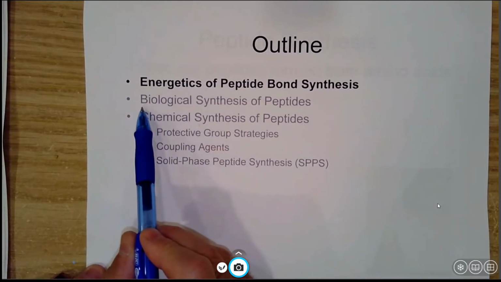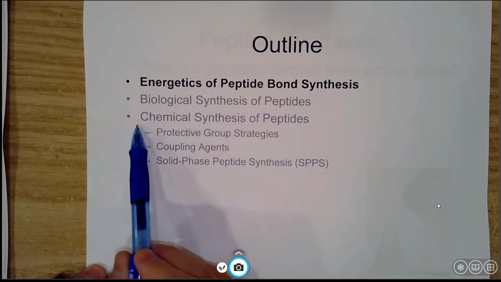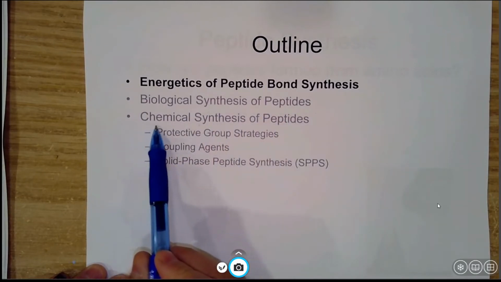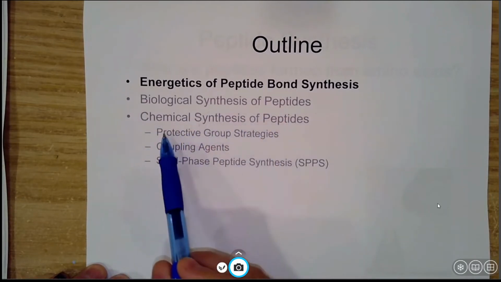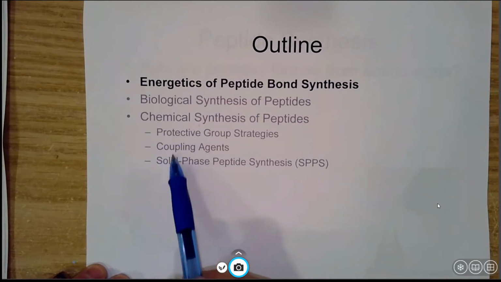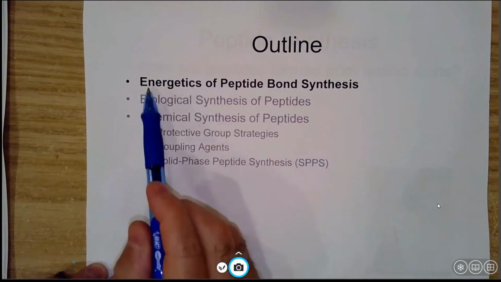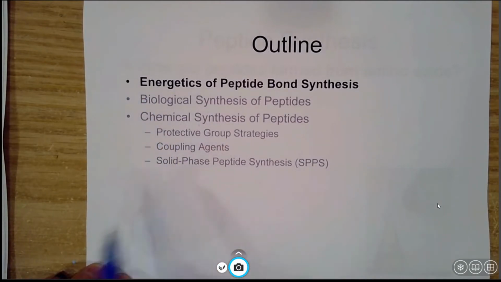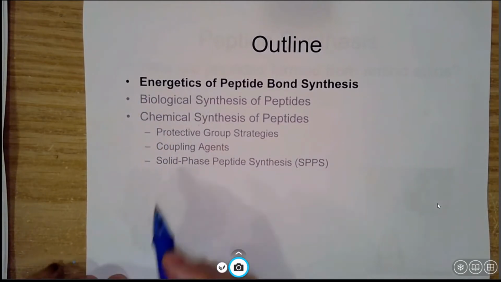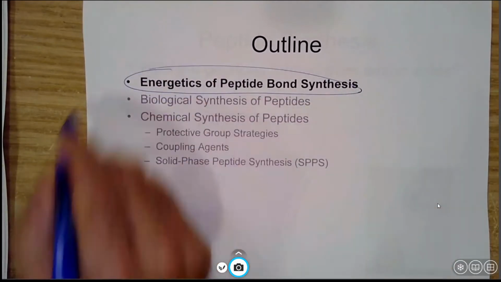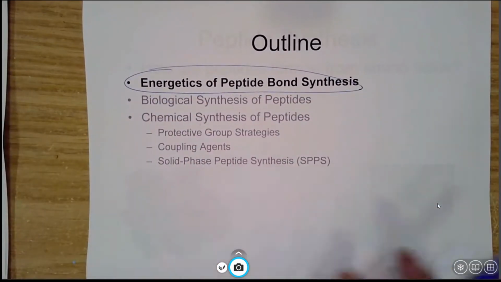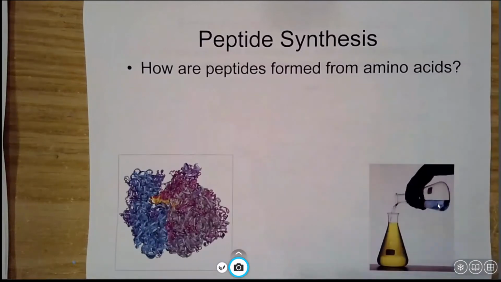Once we do that, then we'll talk about the biological synthesis of peptides, and then finally chemical synthesis of peptides. The chemical synthesis of peptides will be subdivided into three different parts, so in total, we'll have 1, 2, 3, 4, 5 different parts. Today we'll be focusing on the energetics of peptide bond synthesis.